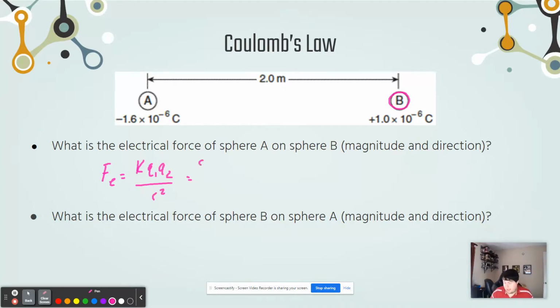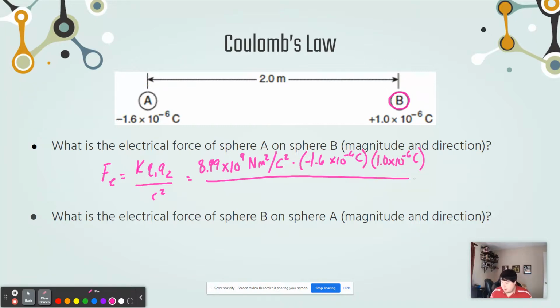So we'll plug in our k, 8.99 times 10 to the ninth newton meters squared per coulomb squared, times each of the charges, negative 1.6 times 10 to the minus 6 coulombs, times 1.0 times 10 to the minus 6 coulombs, and divide by that distance on the bottom, which is 2 meters, and then do not forget, of course, to square it. Solve that out in your calculator.